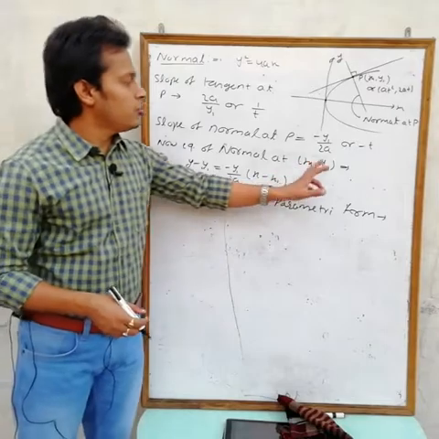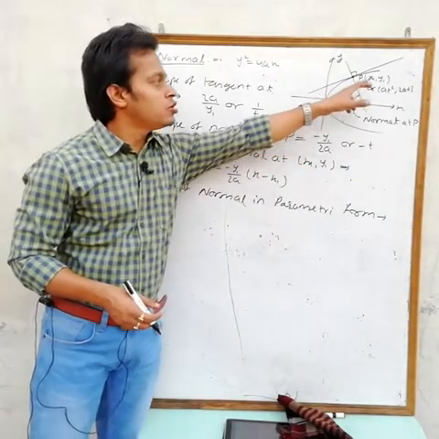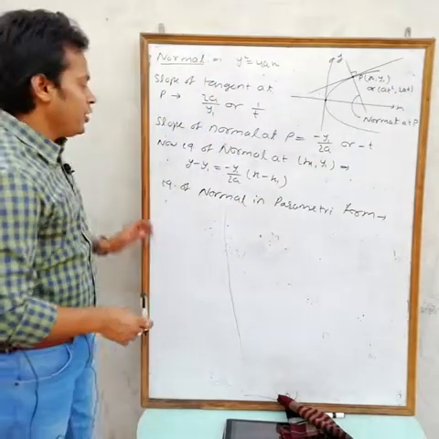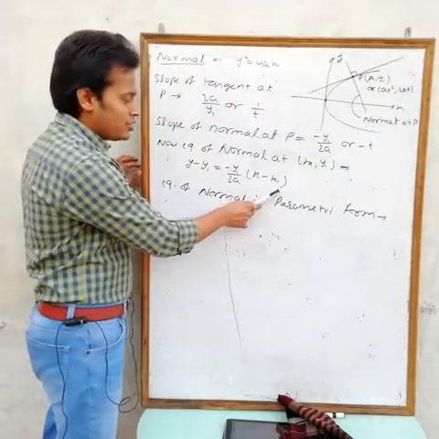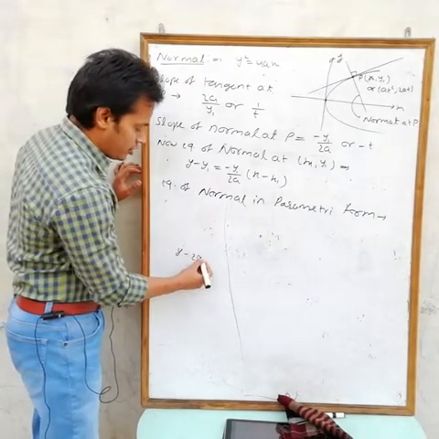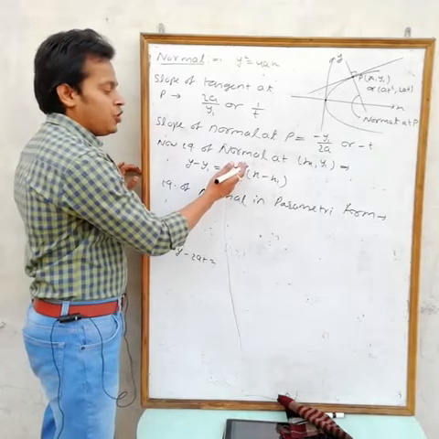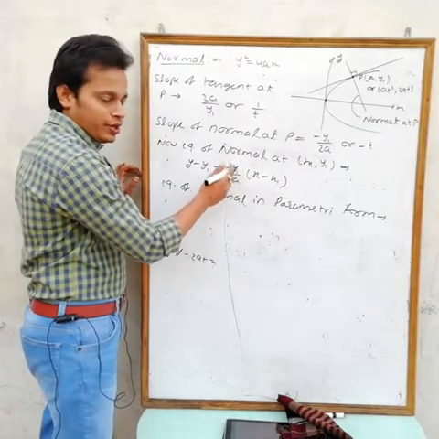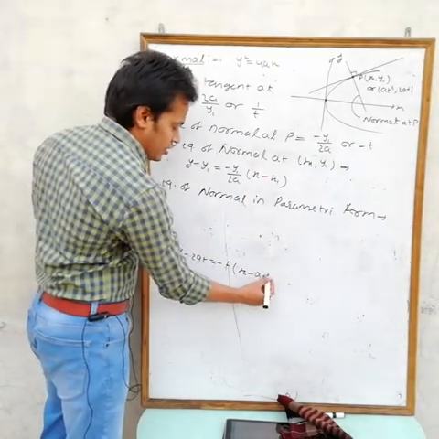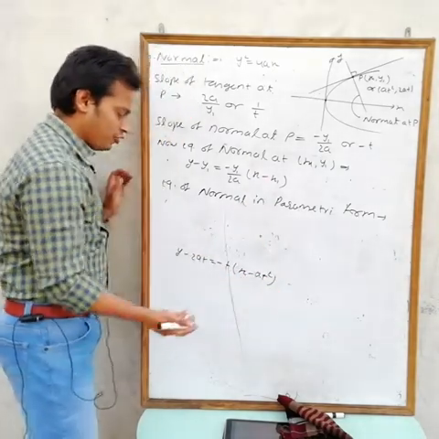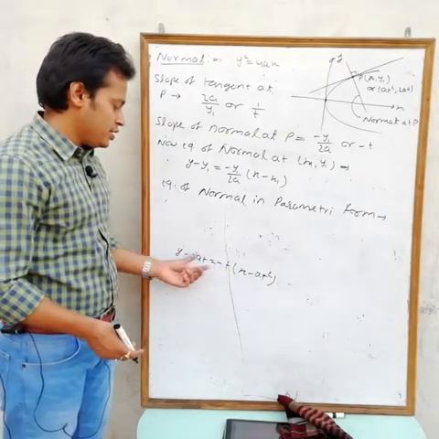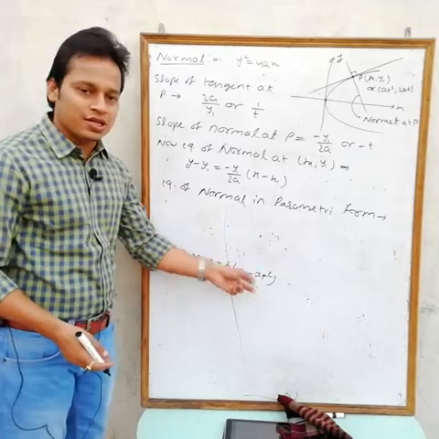Here we have x1 comma y1, we want it in terms of t, so replace x1 with at square and y1 with 2at. If you replace, then what will you get? You will get y minus 2at equals minus t (the 2a cancels out) into x minus at square. If you simply solve this, what you will get? y equals minus tx plus 2at plus at cube.